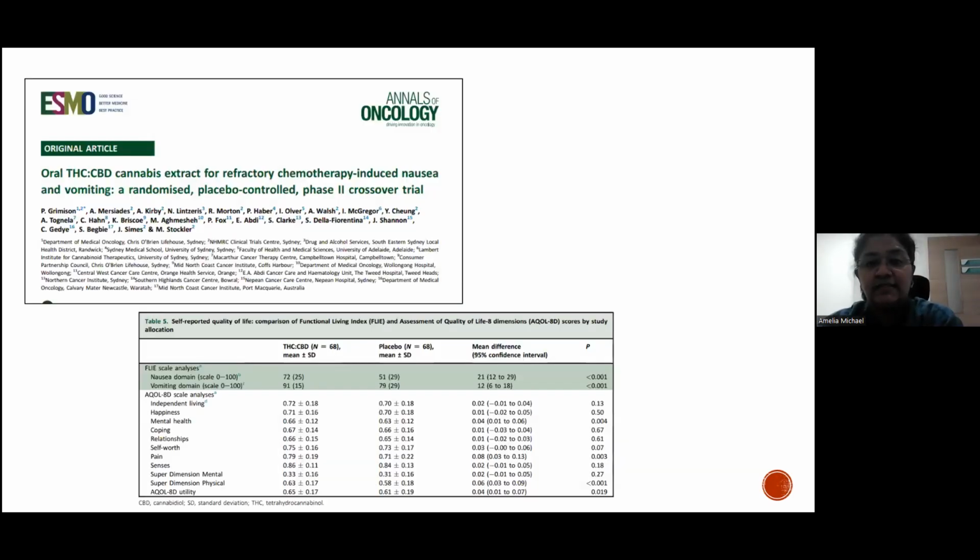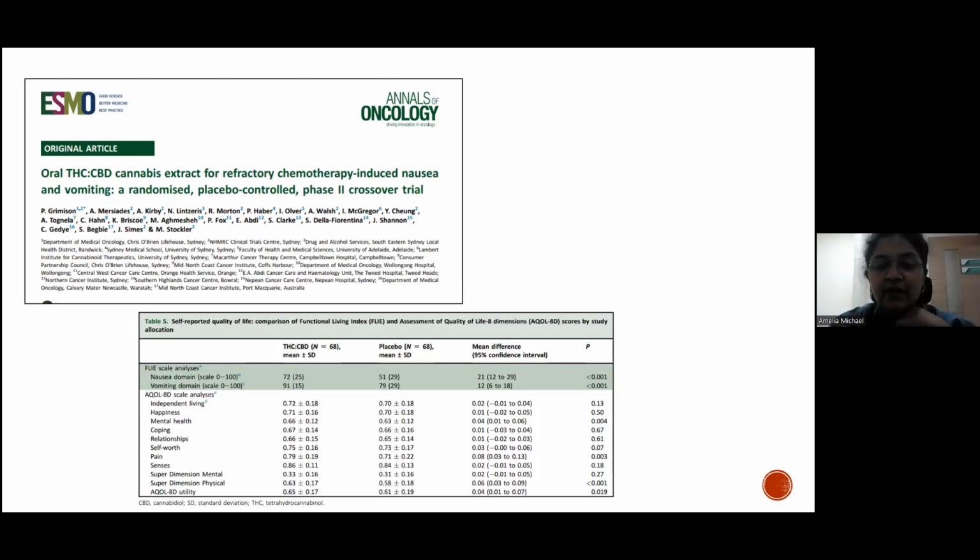The reason is this. Now, ESMO, which is another giant in oncology, has actually tried to do a randomized study for refractory chemotherapy-induced nausea, vomiting. Now, the table in front, don't worry about it. It basically assessed the functional living index as well as the assessment of the quality of life in 8 dimensions. The dimensions are there.